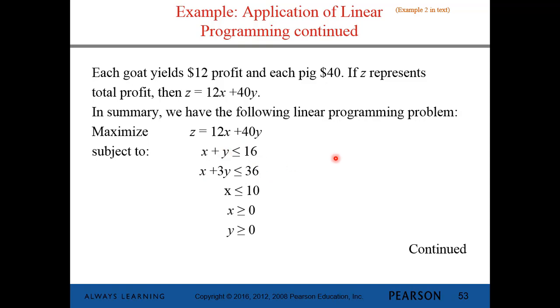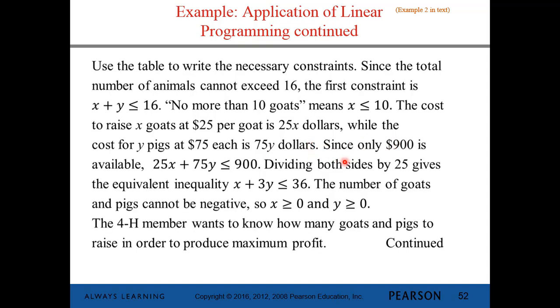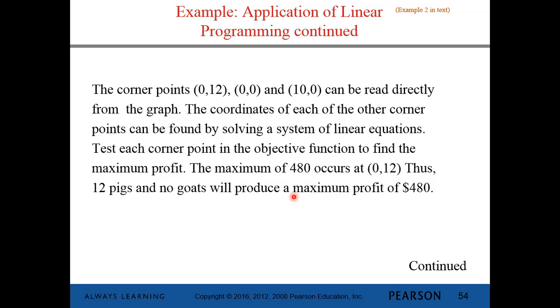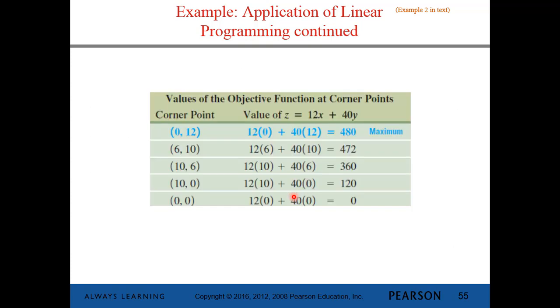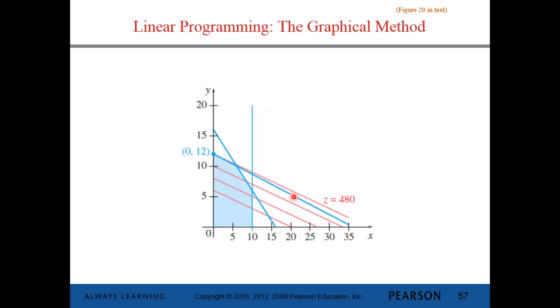Notice that we took the cost and divided by 25, which we can do. So we took 25x plus 75y less than or equal to 900, and we just divided everything by 25, and this is the cost function that we got.